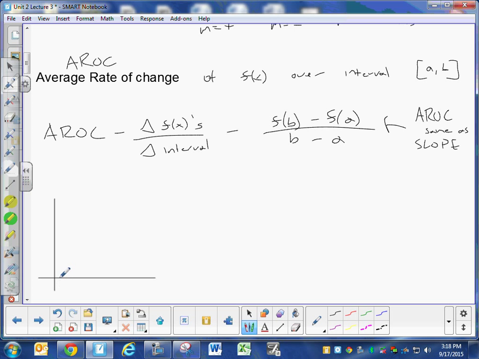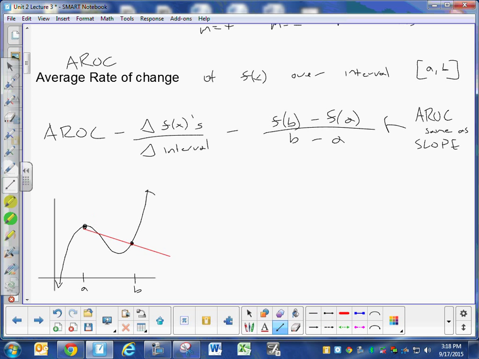Quickly, to show you graphically what average rate of change means, if you just draw a function and say you want to find the average rate of change of the function between this interval a and b, all you would need to do is find the point at a and the point at b, connect the two with a line and find the slope of that line. That is giving you the average rate of change of your function.